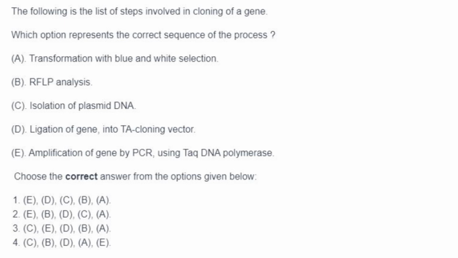Because after ligation, your tendency is to clone that particular gene, that is, make copies of that gene. So you transform the ligated product into bacteria and then select for the recombinants. So here it should be transformation with blue-white selection. Blue will be non-recombinant colonies and white will be your recombinant colonies.